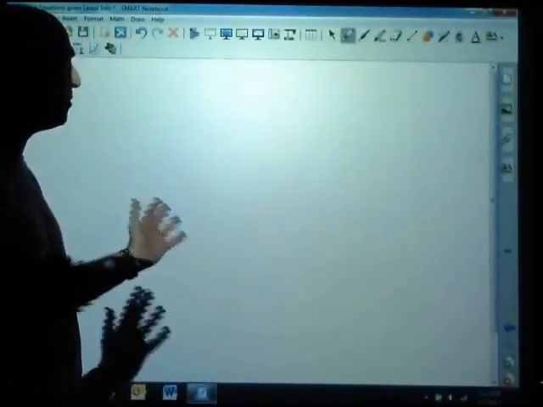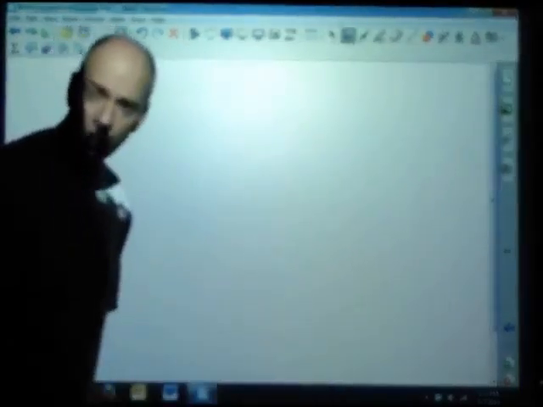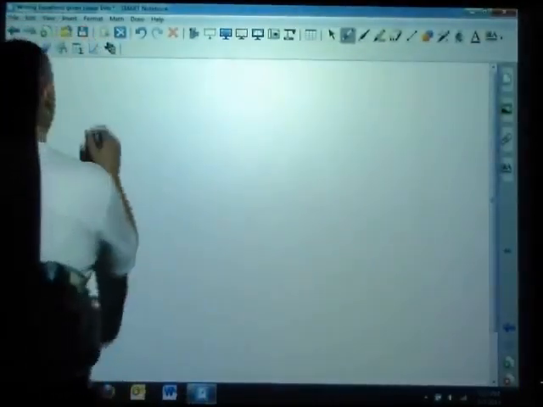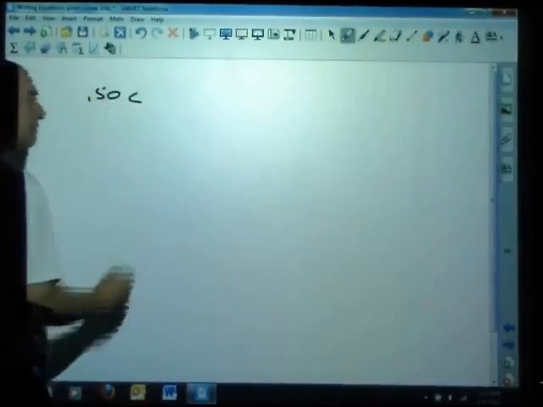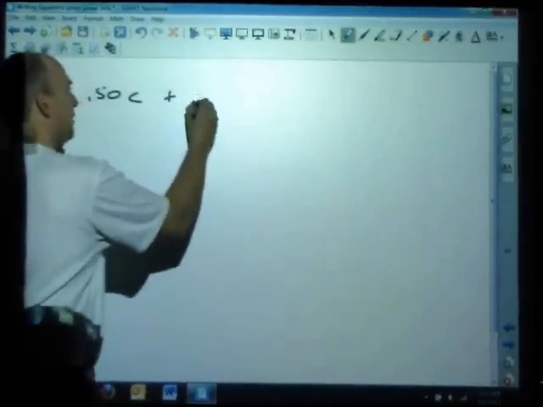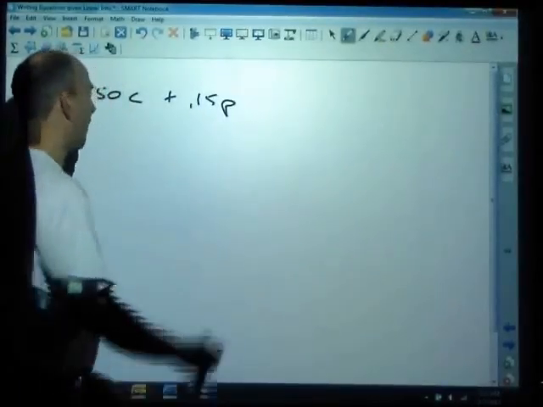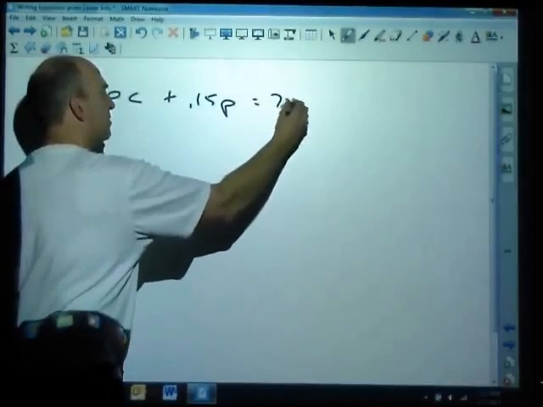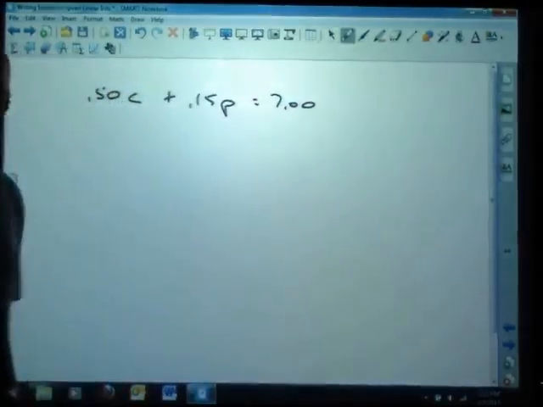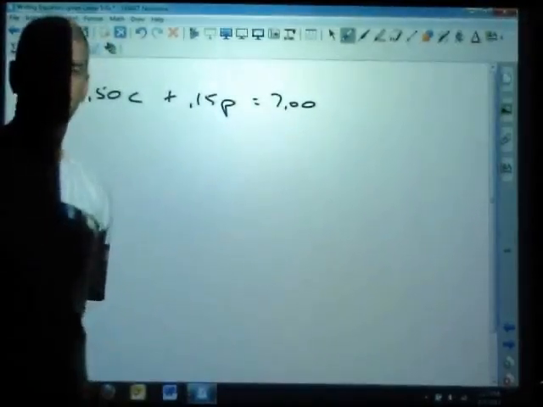So if I was going to review that again one last time, I'd just say you got two variables combining to make a total. So if I was buying myself 50-cent candy bars, and then I was buying myself 15-cent pencils, for whatever reason I'd combine them, I'm not sure, and I spent myself $7, that would be an equation in standard form. Combinations of variables to result in some sort of a total.